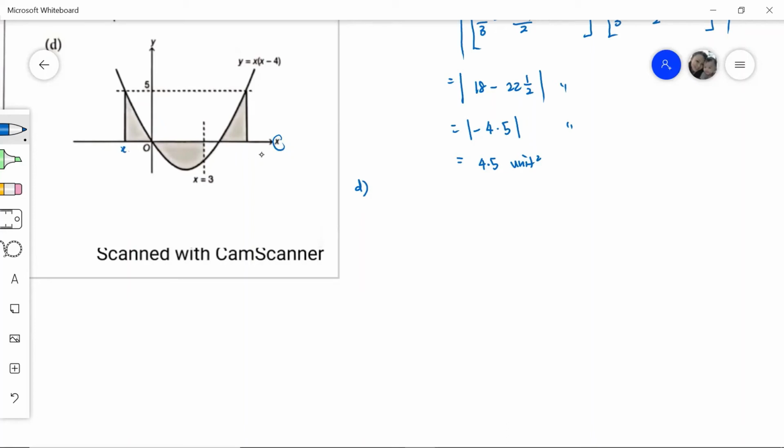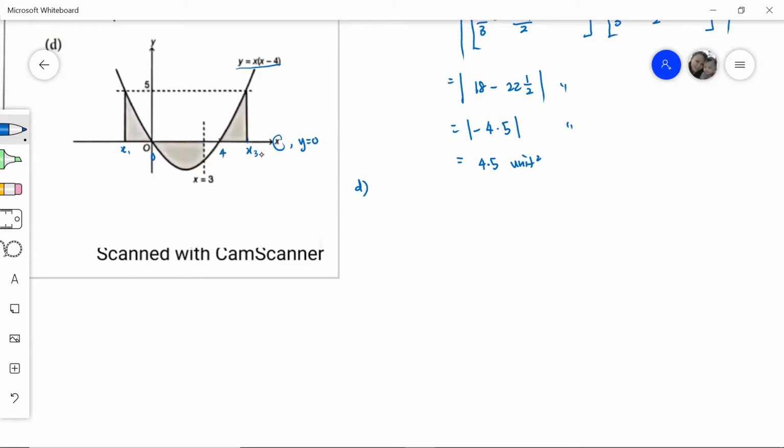Let's call this x1, and then this is 0, and this one is x equals to 3, and this is called x2, and this part is x3. So we have to find when on x-axis when y equals to 0. So based on this, when y equals to 0, we have 0 and 4.